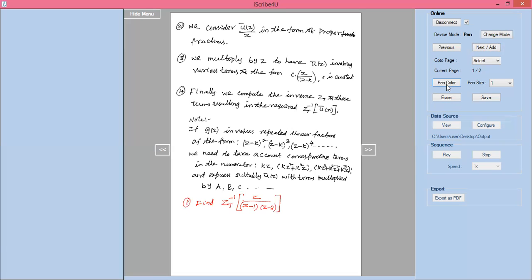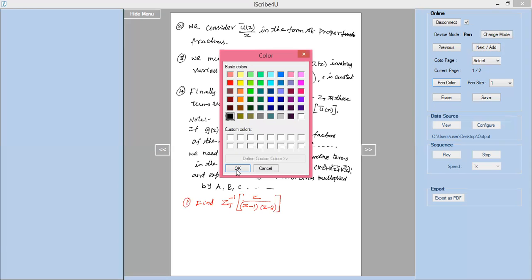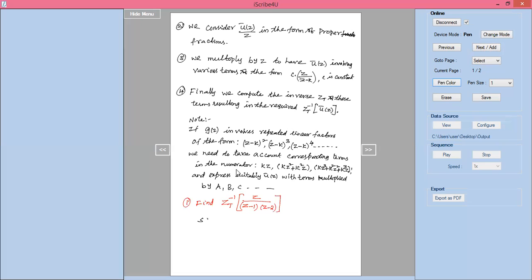Solution. Let u bar of z equal to z divided by z minus 1 into z minus 2. This is u bar of z.